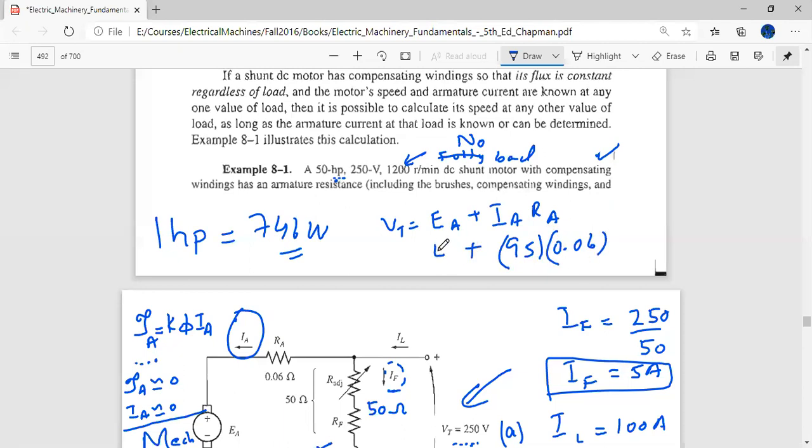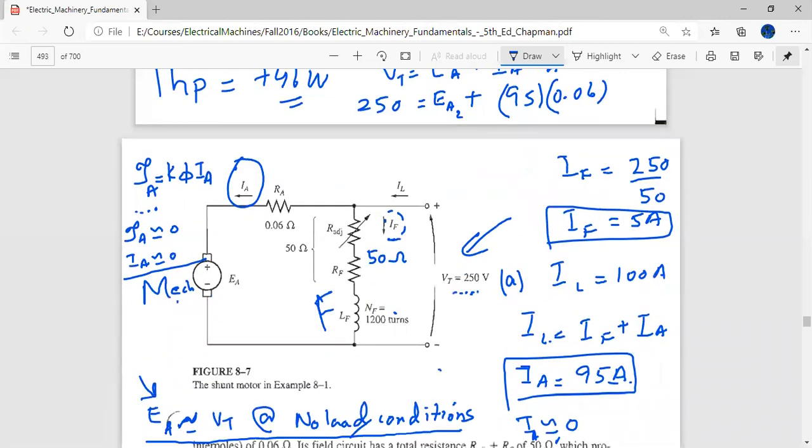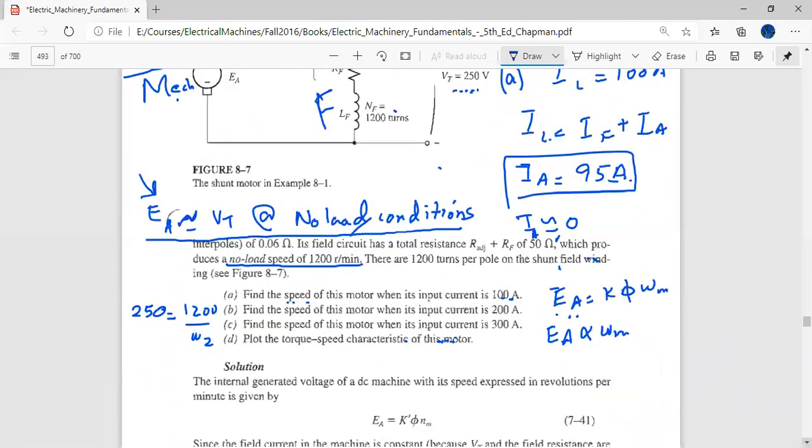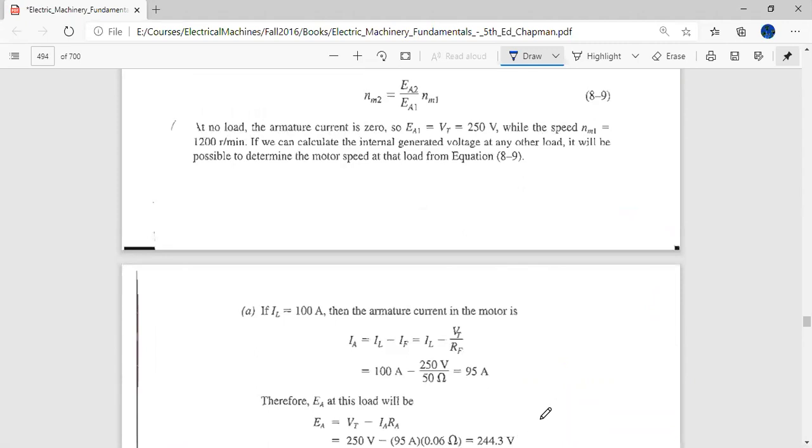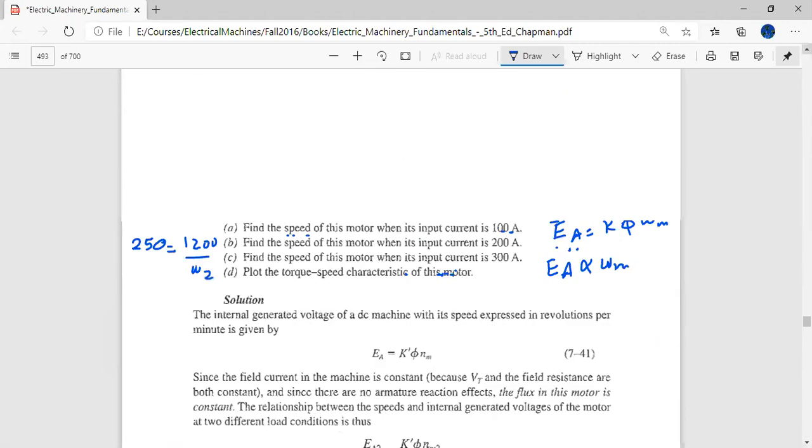I want to find the second operating point, EA2, and VT is constant. So EA2 is equal to 250 minus 95 into 0.06. If you do the maths, you get something like 244.3. So this is your second operating point.